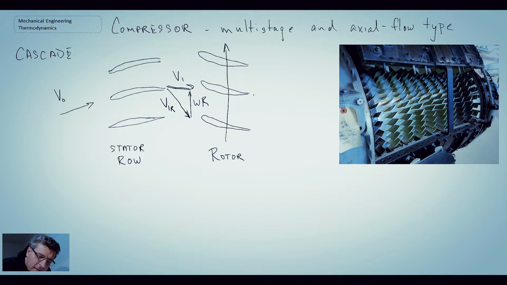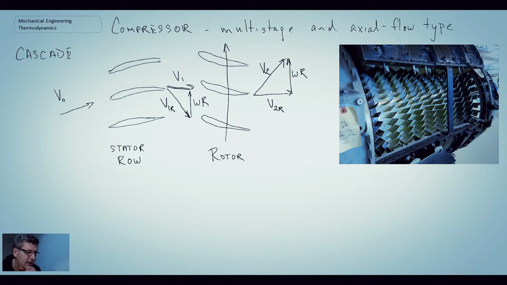Then when you leave the rotor, again you'll have V2, and you'll notice now we're at station 2. So we start at 0, then 1, then 2. Again, you add on the velocity due to the rotation, and you will get the absolute velocity for the air coming through in a direction like that, for example.